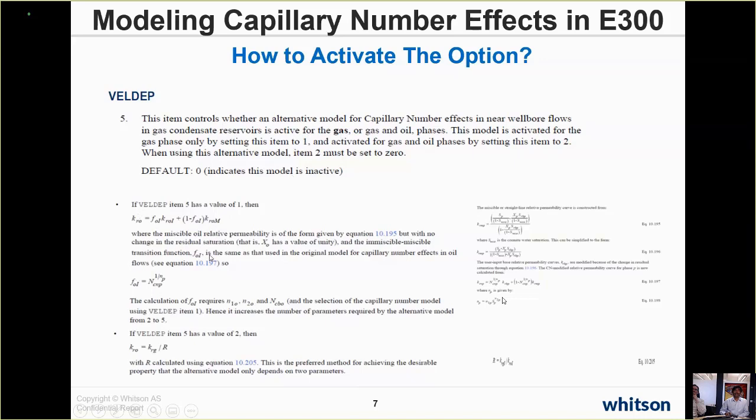But if we go deeper in the manual, they give some other calculations and combine both the Whitson-Fevang model and Heriot-Watt. So the total parameters go from 2 to 5, and they are also taking some parameters from the Heriot-Watt model. We have never recommended using 1 under item number 5.